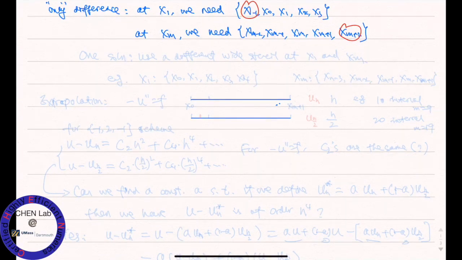One solution is to use a different wide stencil at x1 and xm. For example, at x1, instead of the symmetric 2 points to the left, 2 points to the right scheme, you can do x0, x1, x2, x3, x4.